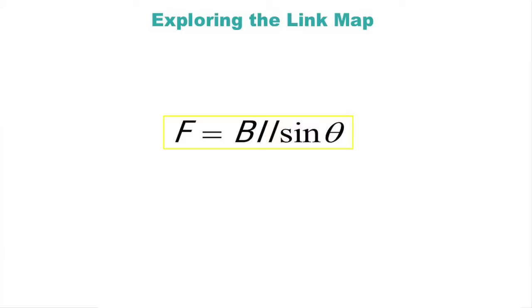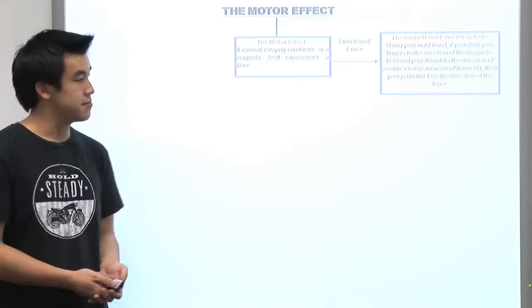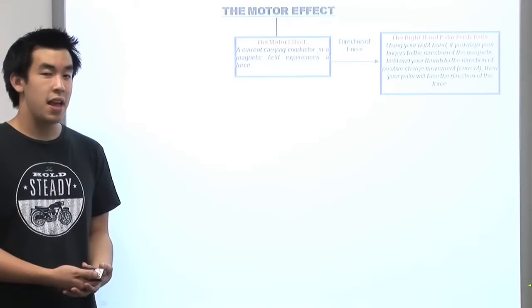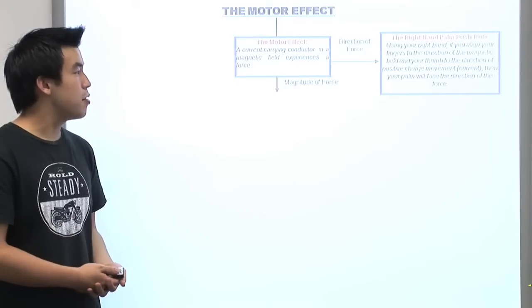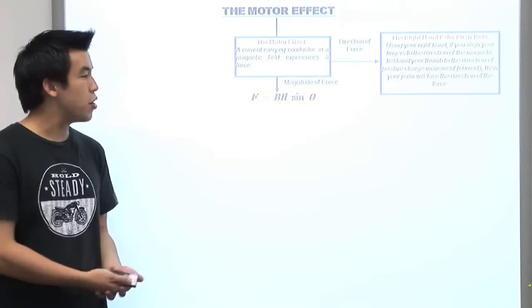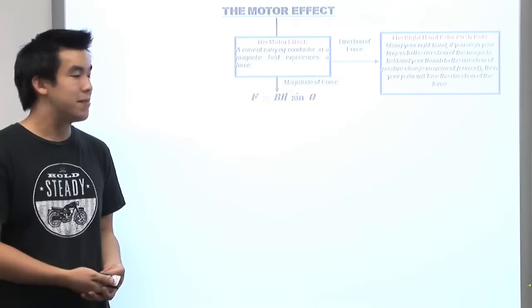The F is the force of the motor effect, B represents the strength of the magnetic field, I represents the strength of the current in the magnetic field, L represents the length of the conductor in the magnetic field, and theta is the angle between the length of the conductor and the magnetic field. Because it represents the magnitude of the motor effect force, it is linked to the motor effect by an arrow which shows that it is related through the magnitude of force.